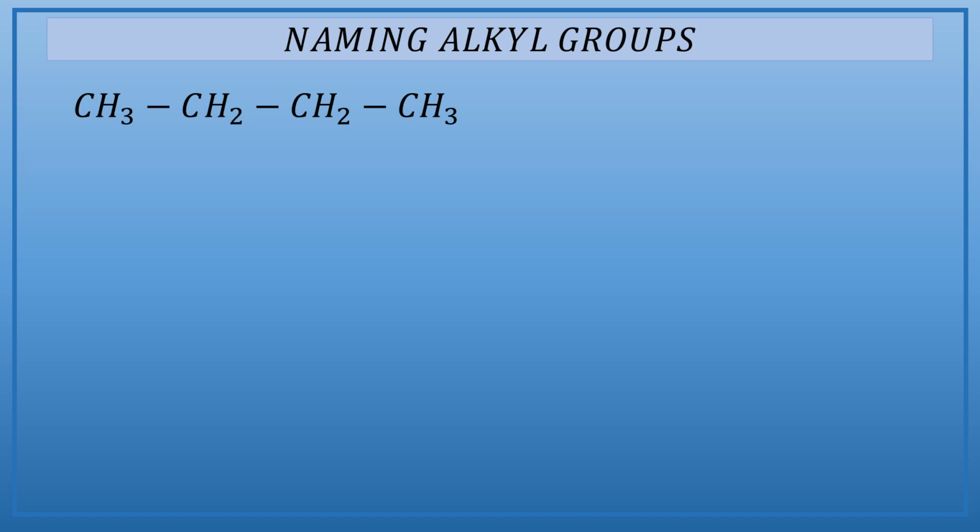Let us take this discussion forward by taking the next member of the alkane family, that is butane. In butane, there are 4 carbon atoms linked together by single bonds. Now, there is yet another possibility in which these 4 carbons along with the 10 hydrogens can be arranged, so that we will get yet another structure of butane.